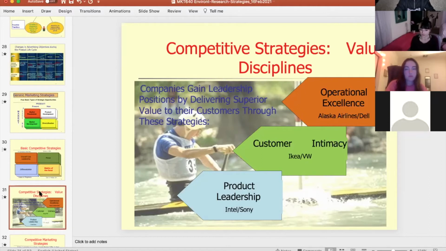The problem with that is it's expensive to have product leadership because you constantly need to have a strategy that goes with this, which is called the innovation strategy. And innovation strategy requires research and development, so you have to constantly spend a lot of money in research and development, and not all innovation becomes successful.